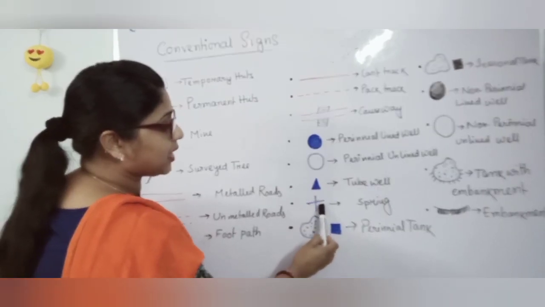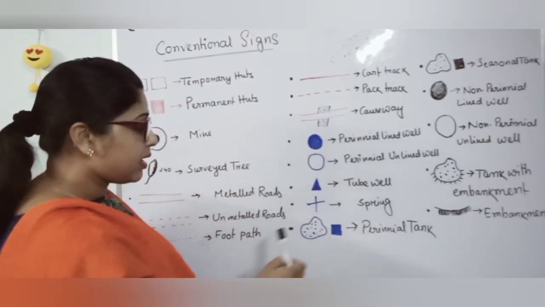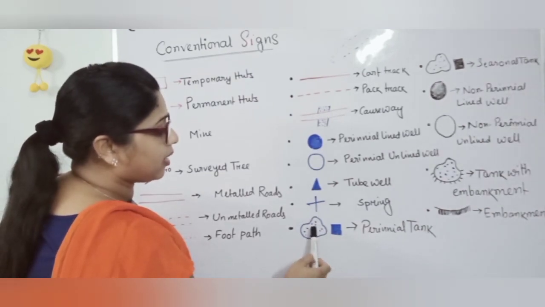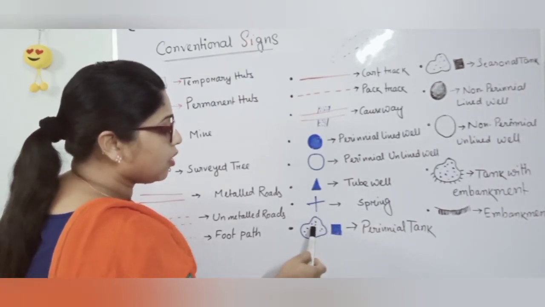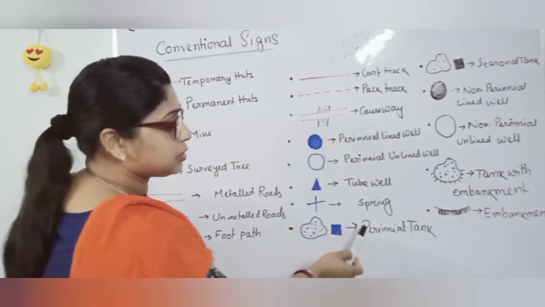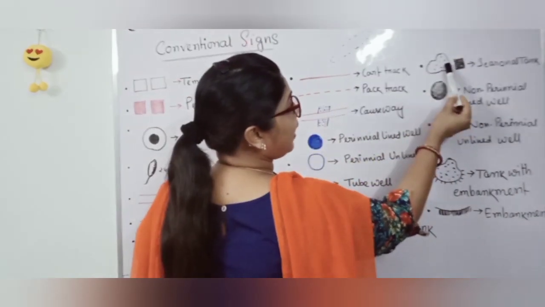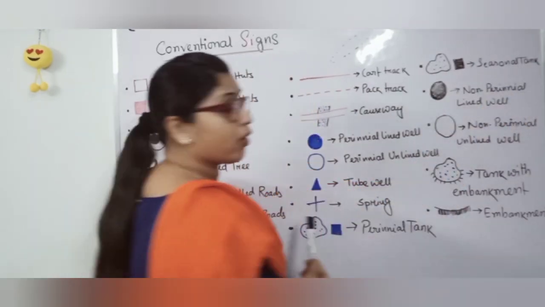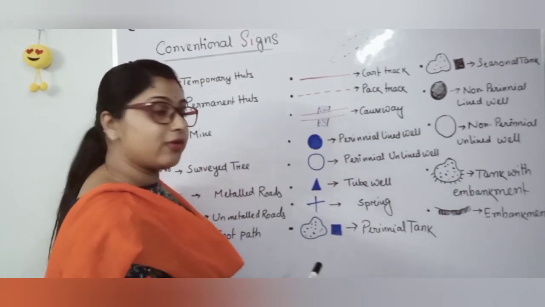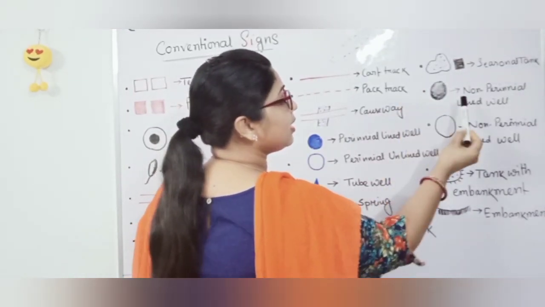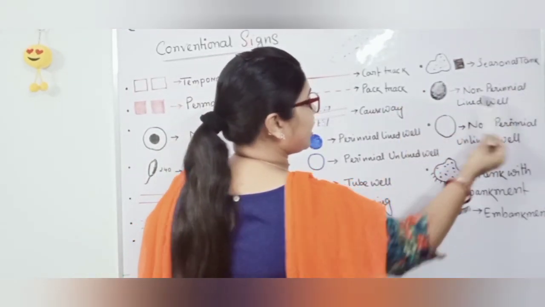Next, the plus sign is showing spring. Here it is showing a tank. This tank can have this square sign or this kind of sign. This is perennial tank. Next, this black one is seasonal or non-perennial tank, or dry. Here a black filled circle is showing non-perennial lined well.